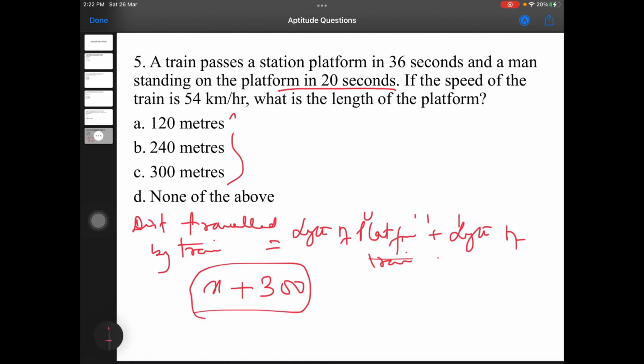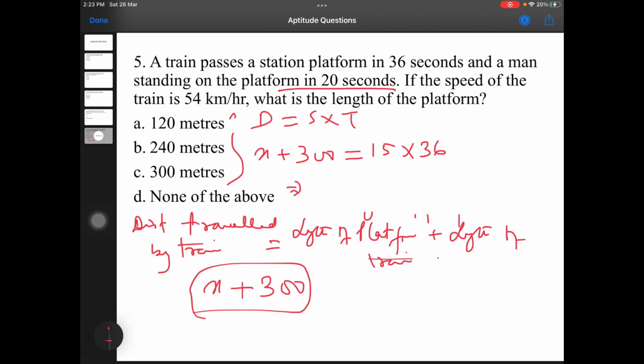Here we know the distance formula: distance is equal to speed multiplied by time. So the distance here will be the total distance traveled by the train, which is x plus 300. We already have the speed, it's 15. And the time taken by the train to cross the platform is 36 seconds.